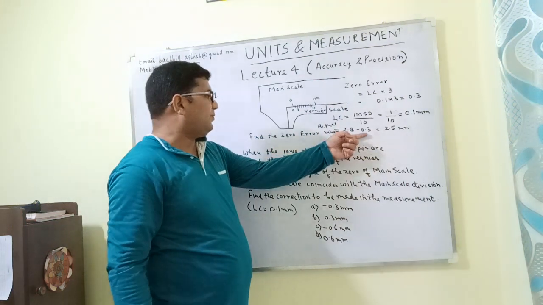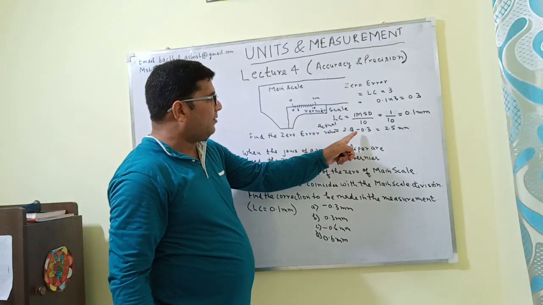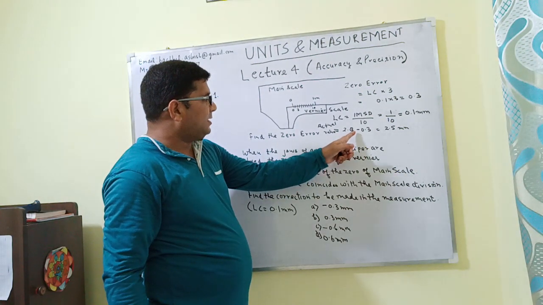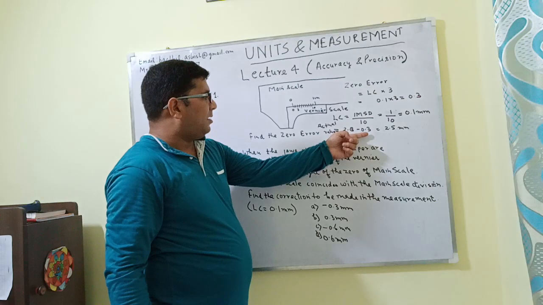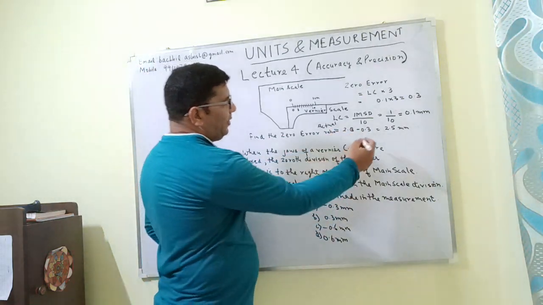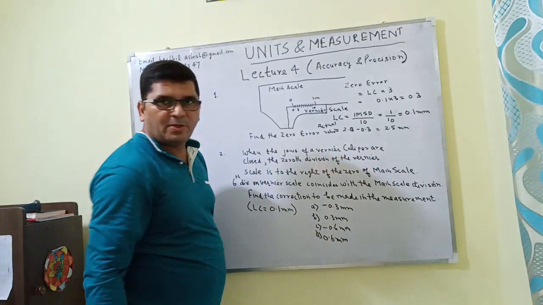So when there is a positive zero error, we will apply a negative zero correction. What I have done is subtract this value from 2.8, so we are getting the final answer as 2.5 mm.